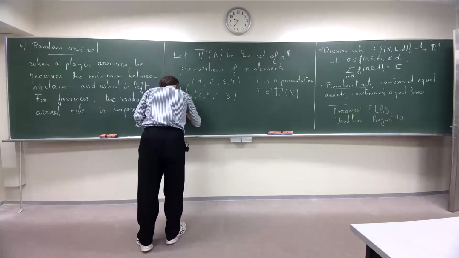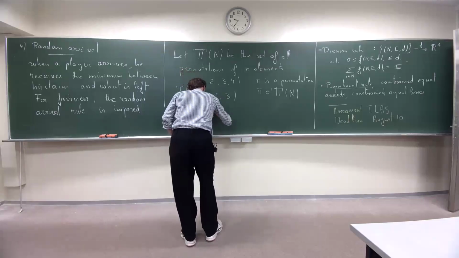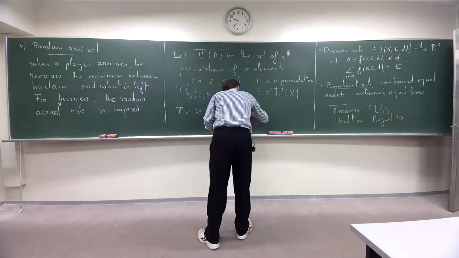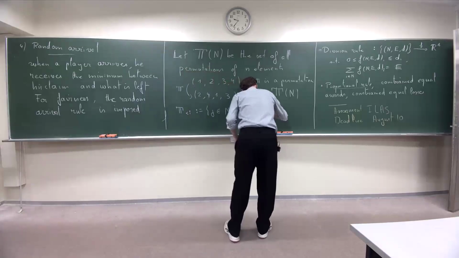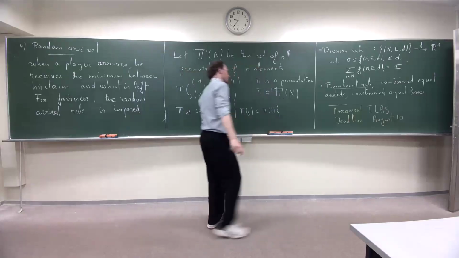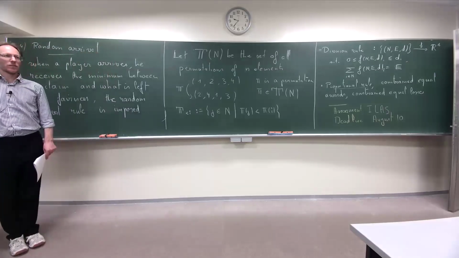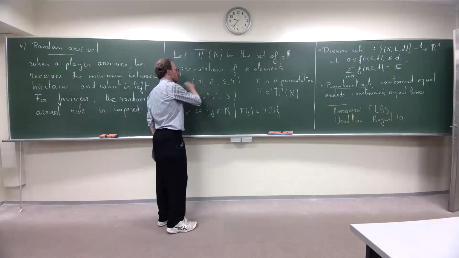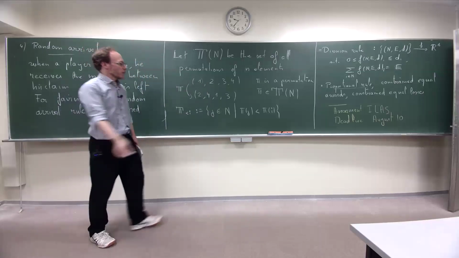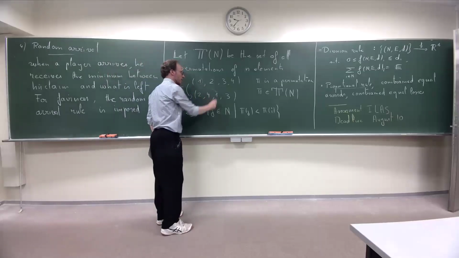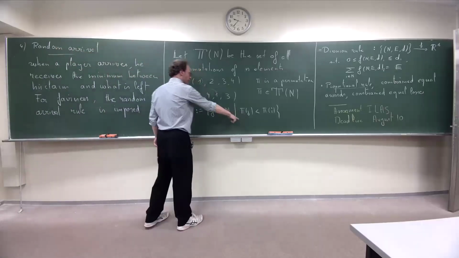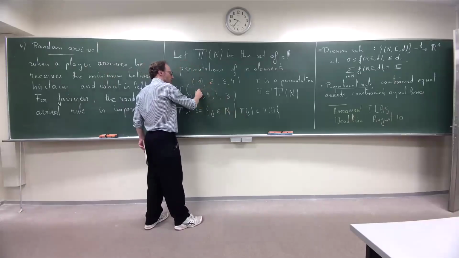I'm going to write pi smaller than i. It is a set of j inside N so that pi of j is strictly smaller than pi of i. So think about it. I do a permutation. For example, I take i equal to 1. Pi of 1 in this case is going to the 3rd position. And then I look at those j which are before.